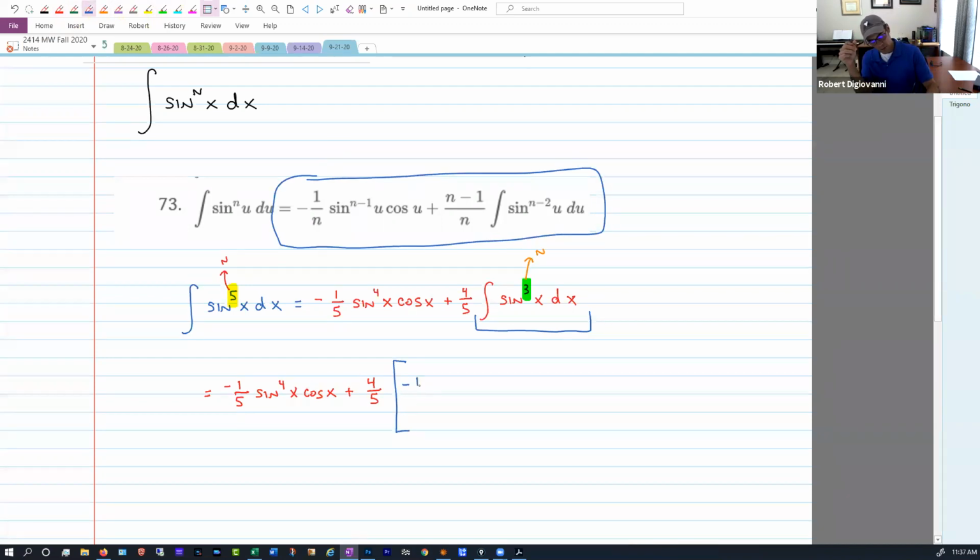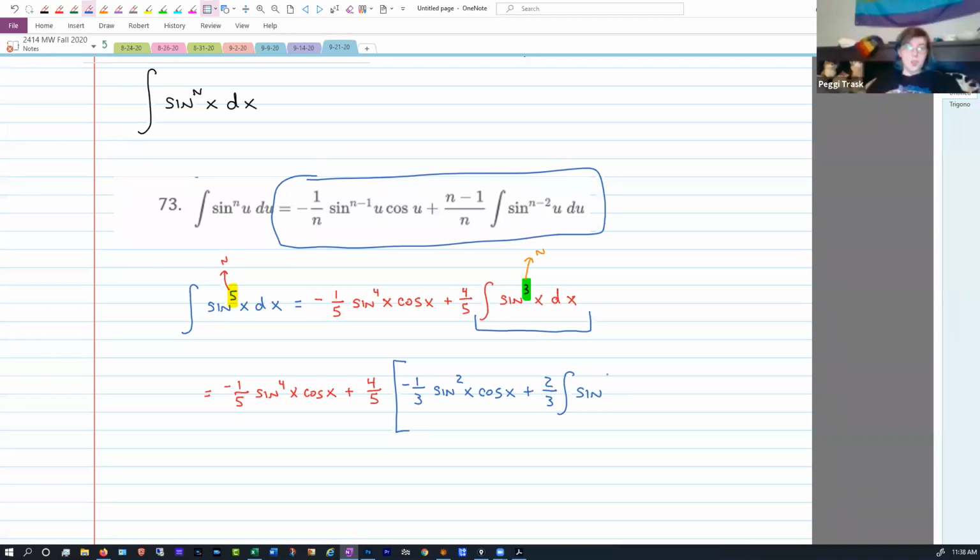So -1/3 sine to the 2nd x cosine x plus, now n is 3, so 2/3 integral sine to what power? The first power.